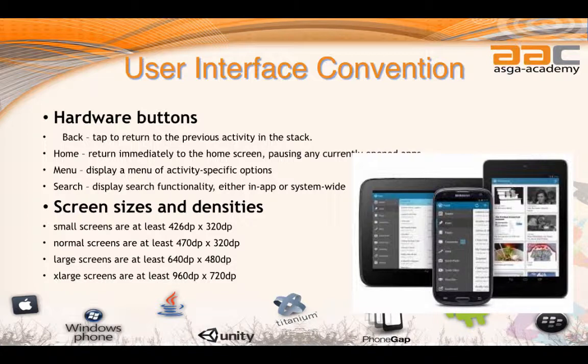Okay, Android has the advantage of hardware buttons, like the back button. When I press the back button, it displays the previous screen. The home button returns to the home screen. The menu button displays the menu of the activity.